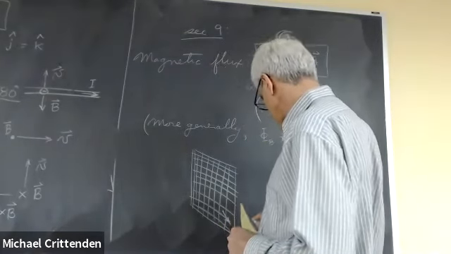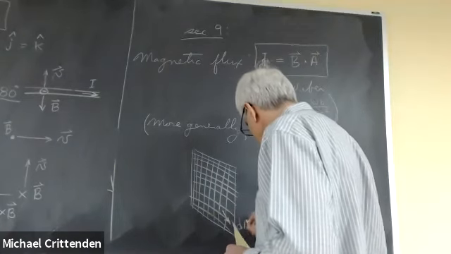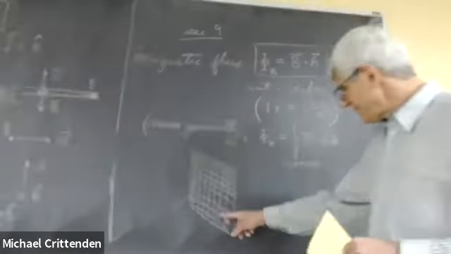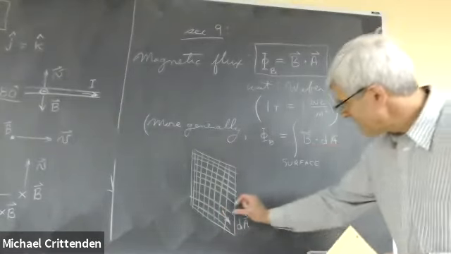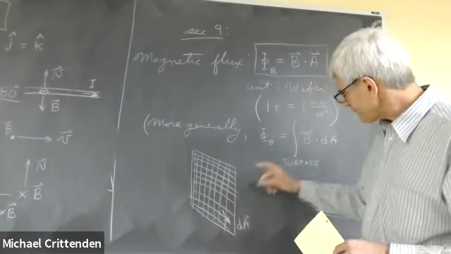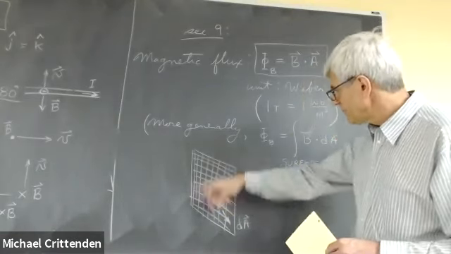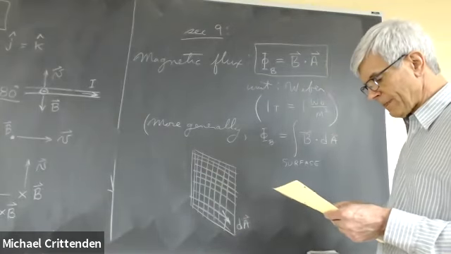I'm not sure I succeeded at that, but that would be the dA vector for that little piece of the total area. B dot dA is the flux through that small area. And then you integrate over, add up all the flux from all the pieces to get the total.